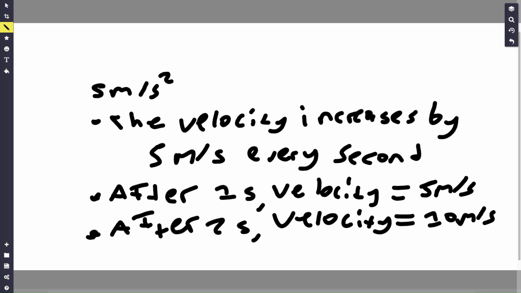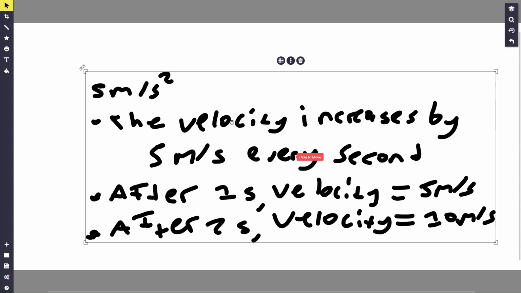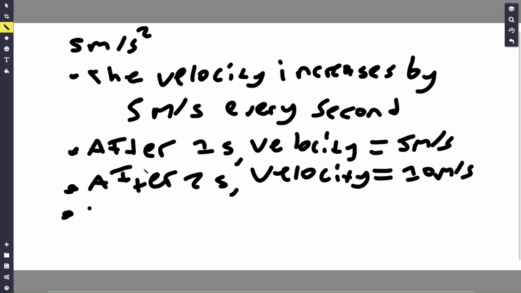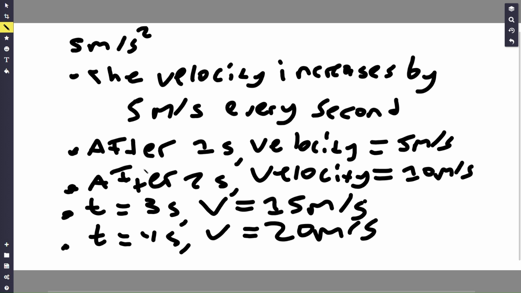After 3 seconds, so t is equal to 3 seconds, v must equal 15 meters per second. And if t equals 4 seconds, v equals 20 meters per second, and so on and so forth.